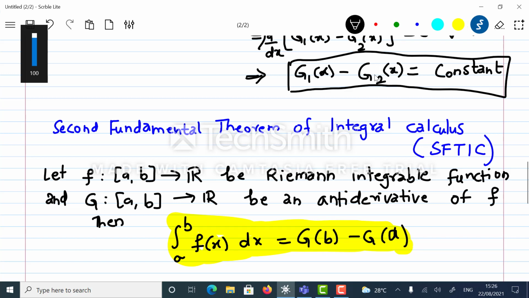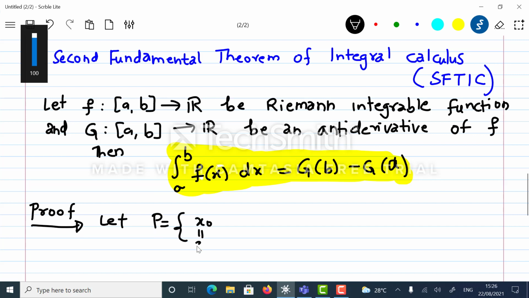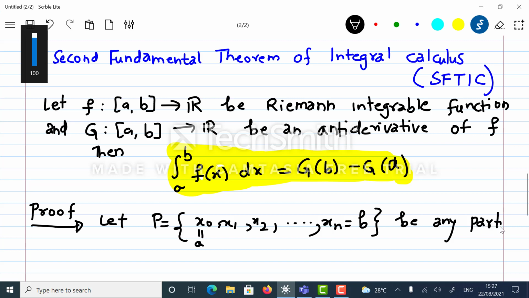Okay, so let's prove this. Let P = {x0 = a, x1, x2, ..., xn = b} be any partition of the closed interval [a, b].